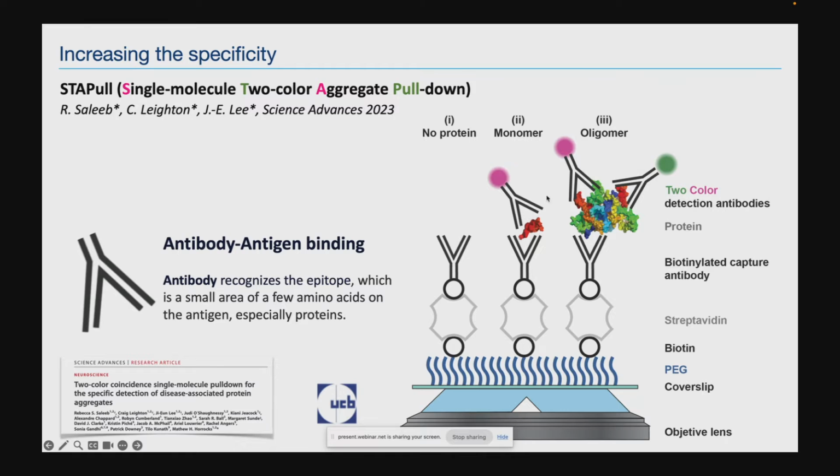However, if we have an oligomer, we have many copies of that same epitope, in which case we can have both colors bound. So we can have a green antibody and a pink antibody bound at the same time. So just by looking at the coincident signals in our two-color approach, we can then distinguish oligomer from monomer. So we have a way of being able to now specifically image oligomers of a specific protein.